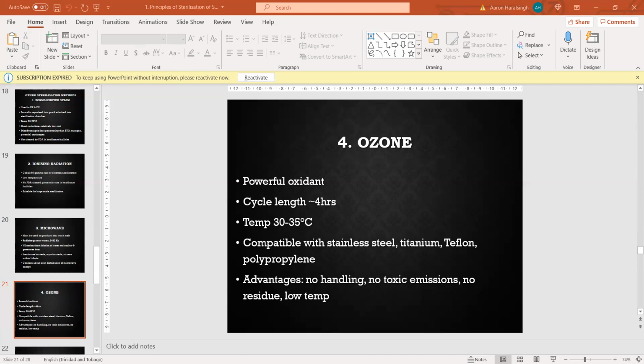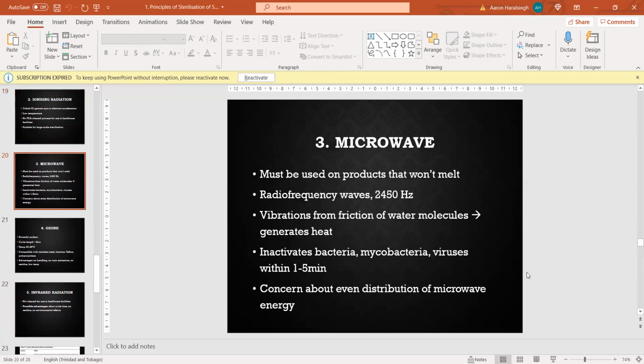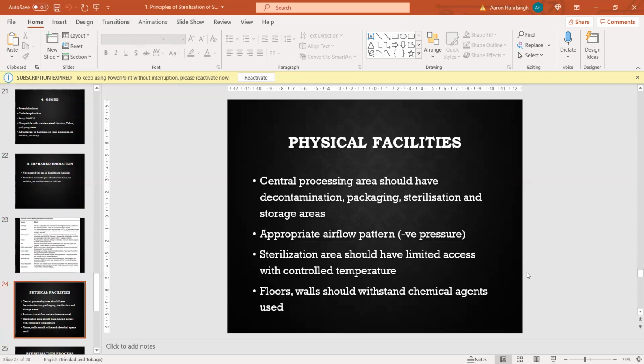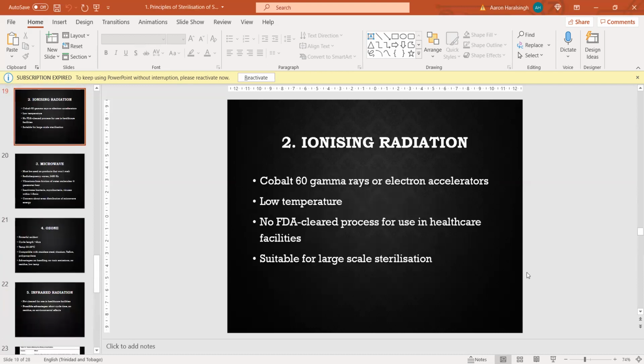Going over to chemical sterilization methods, one of the most commonly used is ethylene oxide. Ethylene oxide is a colorless, odorless, and flammable gas, but it is quite toxic, and that's one of the issues with ethylene oxide.